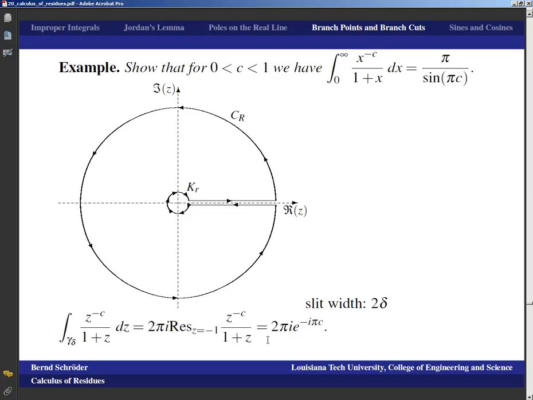That is because if I plug in negative 1 here, this is just 1 over 1 plus z times z to the negative c, and the residue will be the value of z to negative c at negative 1. So that would be negative 1 to the negative c, and remember negative 1 is e to the i pi, which means we get e to the negative i pi c for that value.